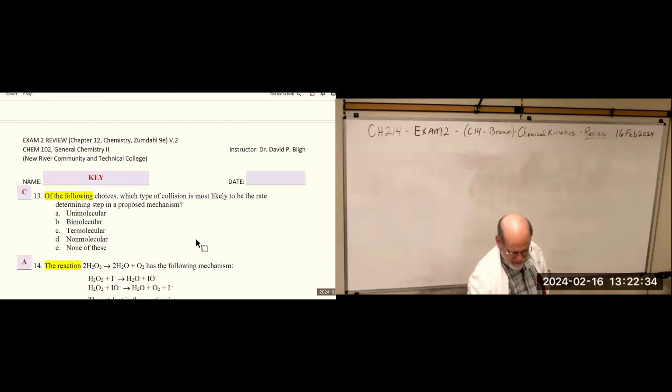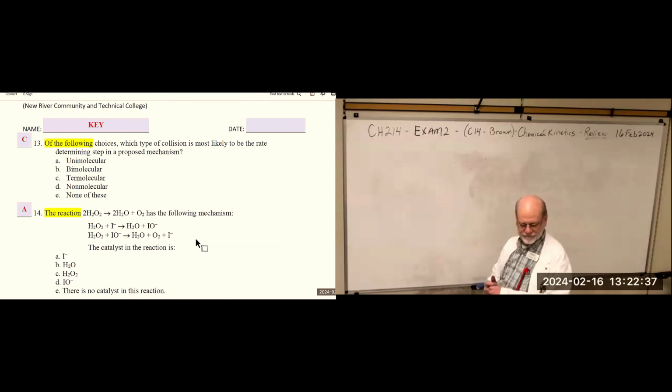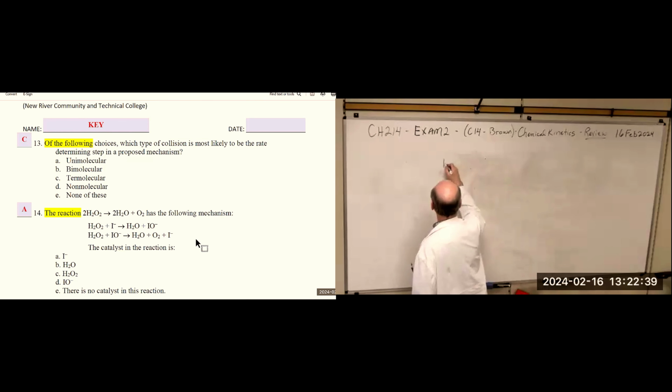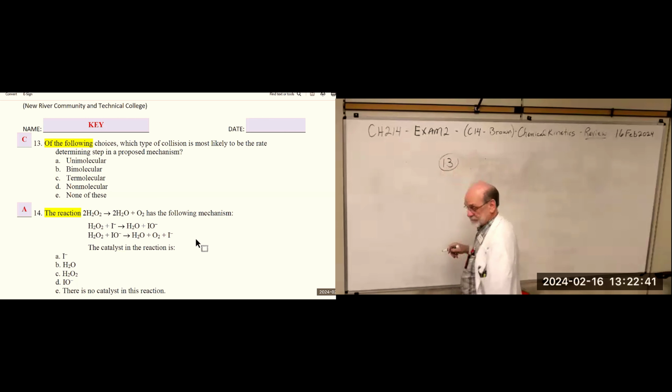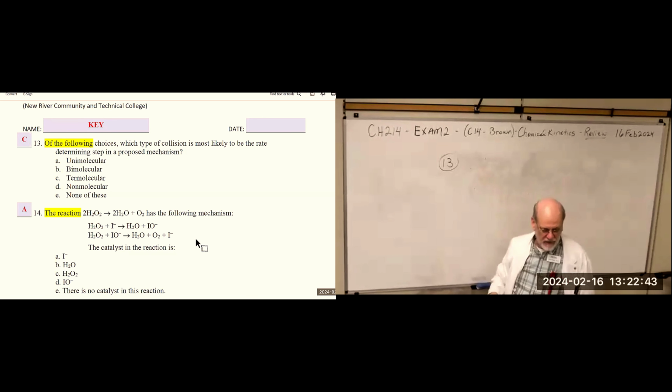All right, let's skip down to 13. Looks like we're going to get a question about mechanisms here. Which type of collision is most likely to be the rate determining step in a proposed mechanism?